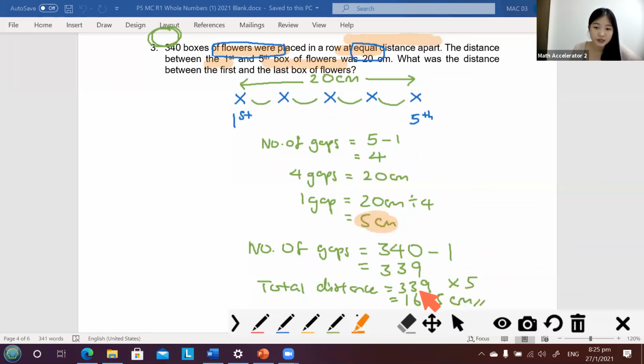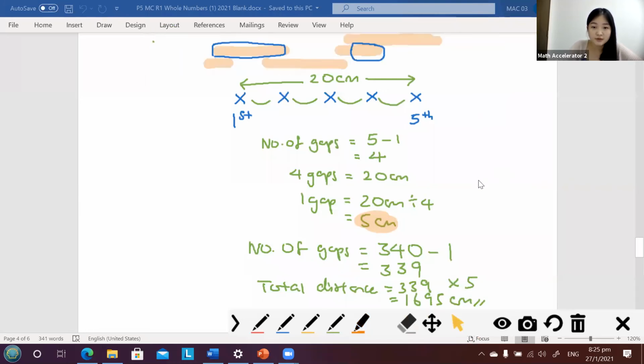So if you have 339 gaps, each of them are 5 cm. So you times 5. All right, so that's your gap type of question. Always remember you need to minus 1 at the end.